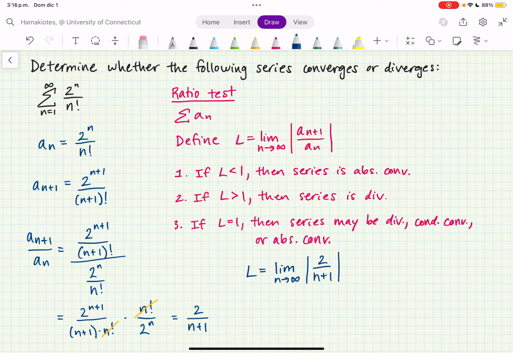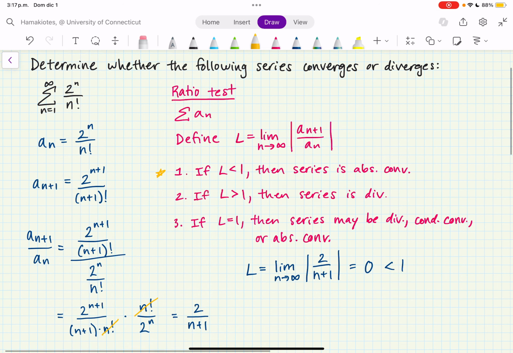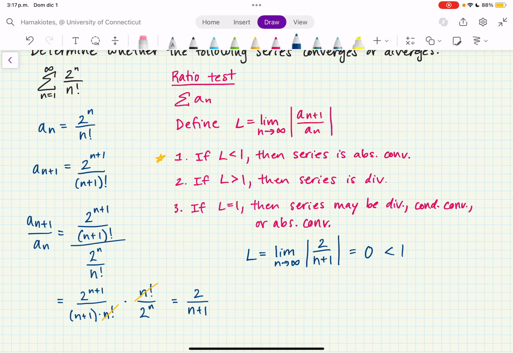Now, as n gets really, really large, I'm having 2 over infinity, which is 0, and that is less than 1. So by the first criterion of the ratio test, this tells me that the series converges.